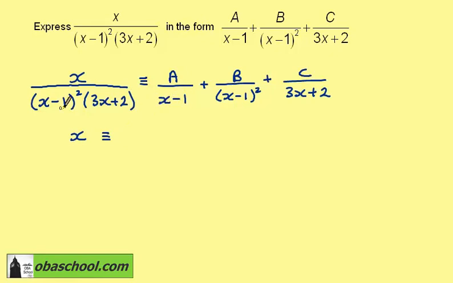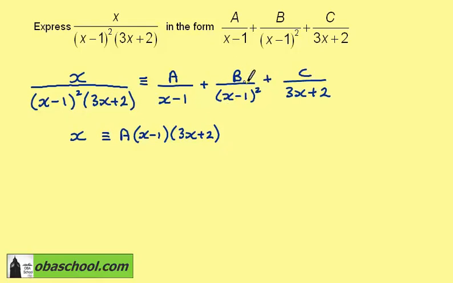Multiplying this term by this cancels one of these (x minus 1)'s, and therefore we get a multiplied by (x minus 1)(3x plus 2).